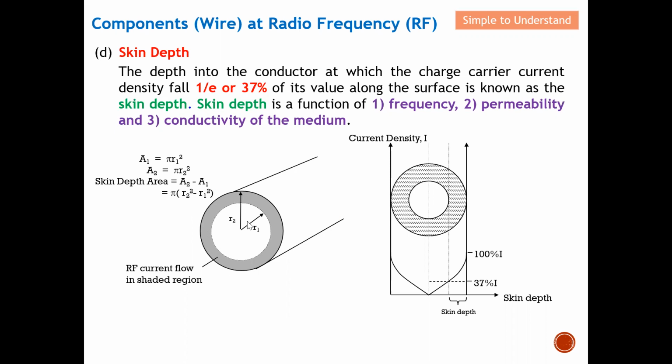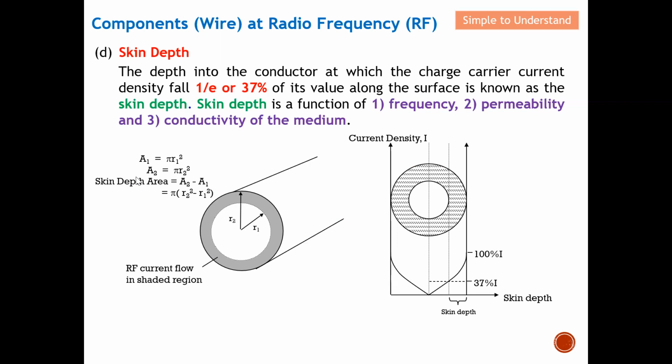Because of the higher magnetic field, the charges don't prefer to flow at the center of the conductor. They prefer to flow at the edge of the conductor. So for example, I can easily find the area under this whole white area. I can also find the whole area using pi r squared.